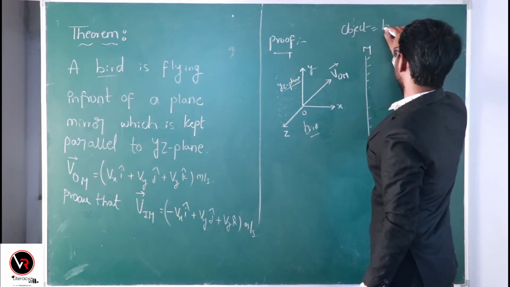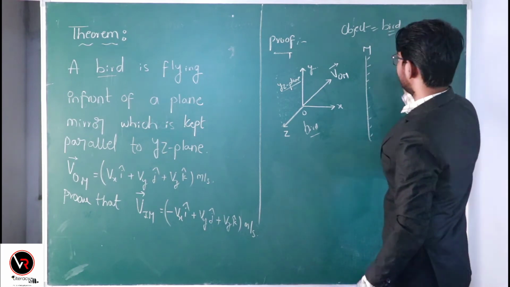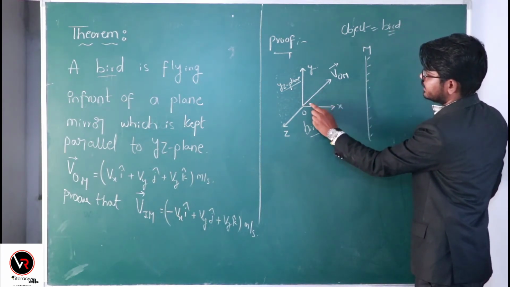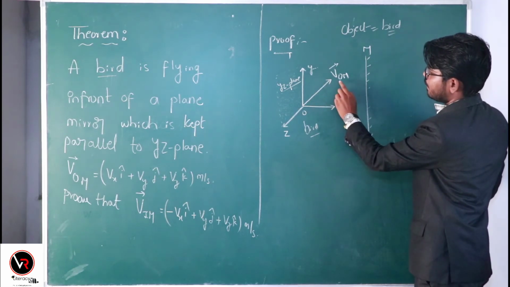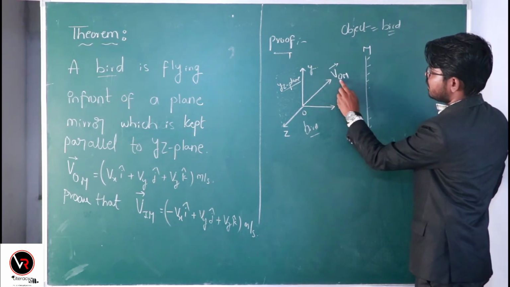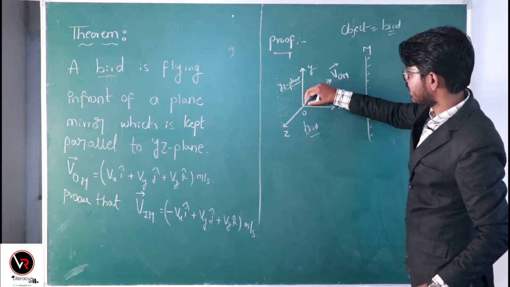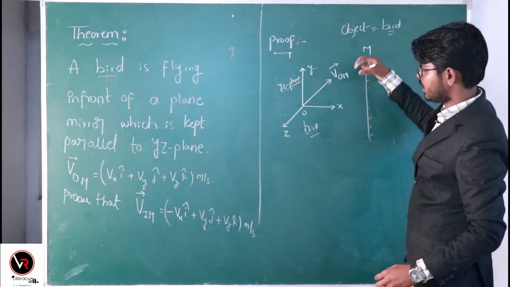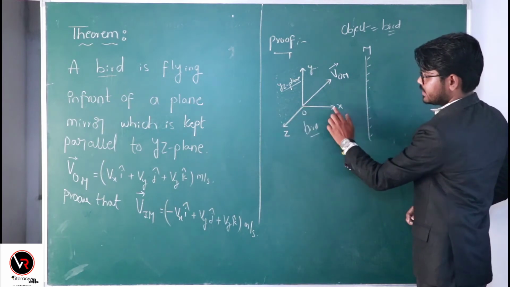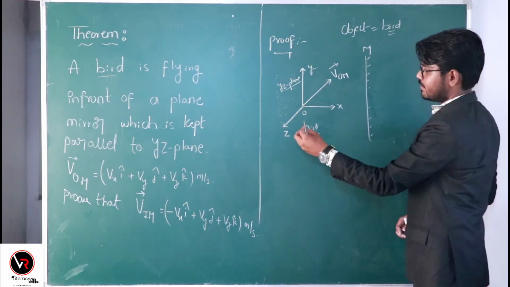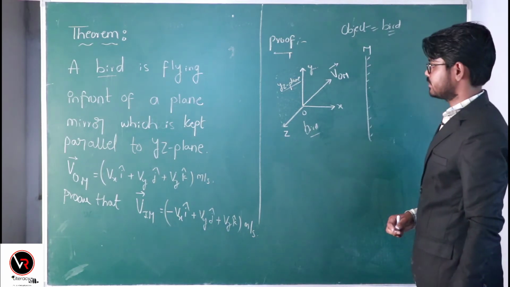So from the origin the bird is flying in this direction in space with this velocity, the velocity of the object with respect to the mirror. While it is flying, it covers some distance along the x axis, some distance along the y axis, and some distance along the z axis.